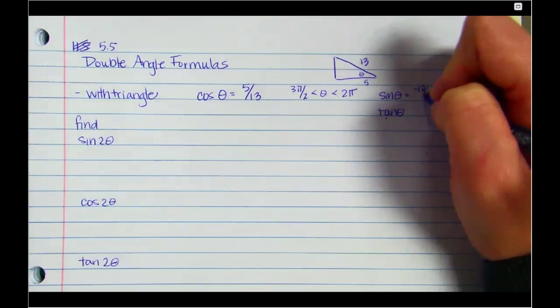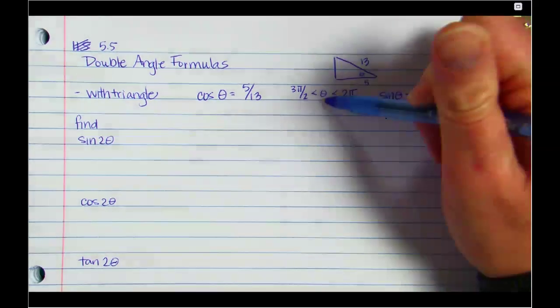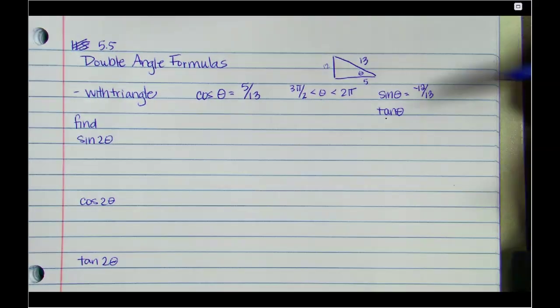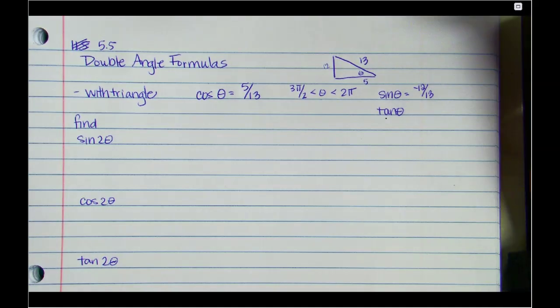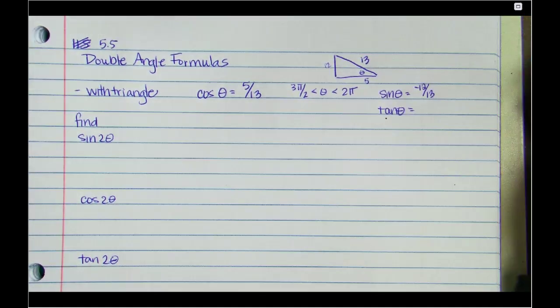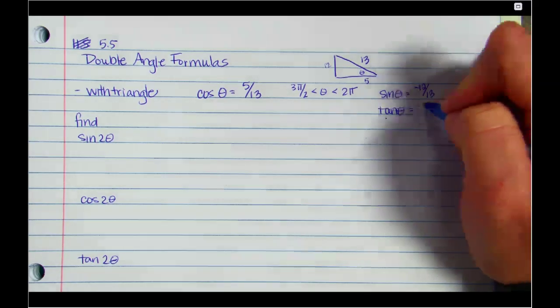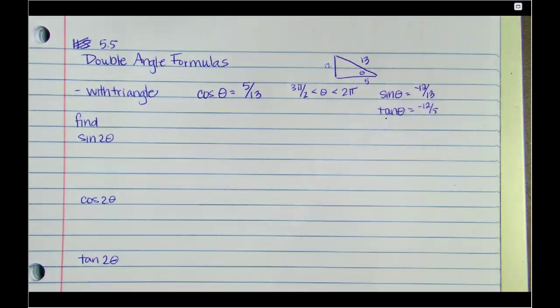Yep, -12/13. We know it's negative because it's in the fourth quadrant and this missing side is 12, so opposite over hypotenuse. What's the tangent of theta? Yes.